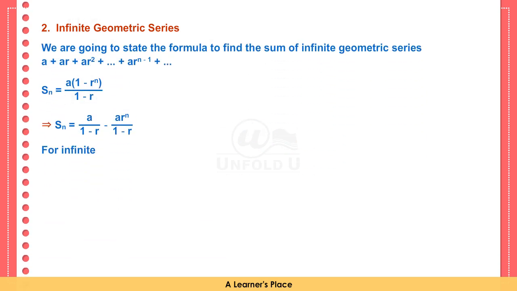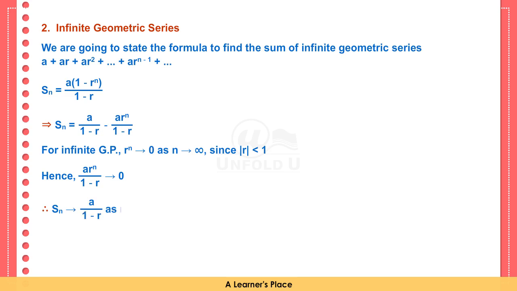For infinite geometric progression, r raised to the power n tends to 0 as n tends to infinity, since modulus of r is less than 1. Hence, ar raised to the power n upon 1 minus r tends to 0. Therefore, Sn tends to a upon 1 minus r as n tends to infinity.